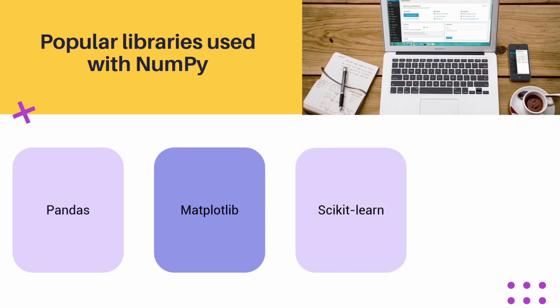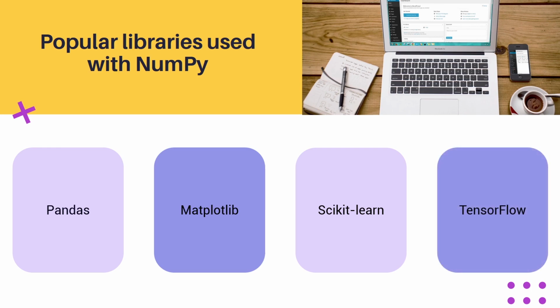Scikit-learn is yet another popular Python library, which provides machine learning algorithms for tasks such as classification, regression, as well as clustering. And lastly, TensorFlow, which is a popular library for building and training neural networks and deep learning models. These libraries work together seamlessly, providing a powerful ecosystem for data analysis and scientific computing in Python.